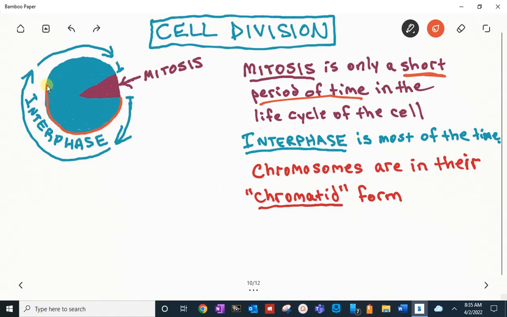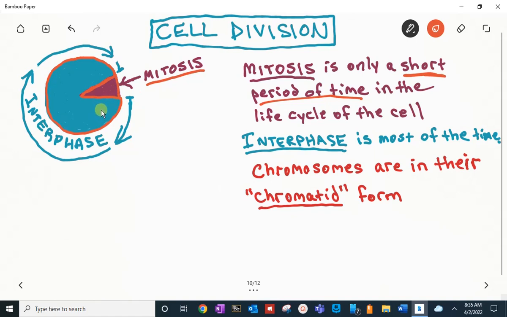It had split, and so it's spending its life hanging out, hanging out, until it gets to this little slice of time right here. And just this little slice of time right here is the time that the cell is spent in mitosis, that the cell is dividing.